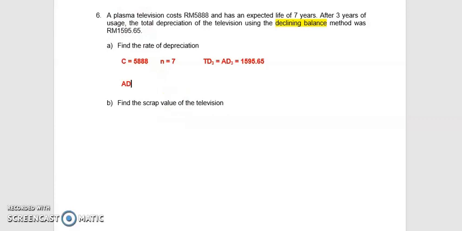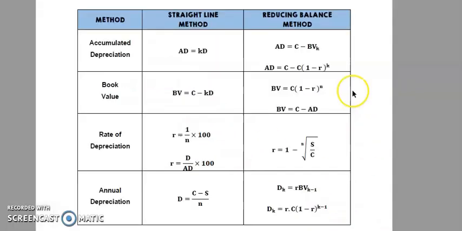Since we have info about AD3, AD3 equal to cost minus book value, which is book value equal to cost multiplied by 1 minus R power of 3. Why power of 3? Because we have accumulated depreciation until 3 years. So here you substitute k equal to 3.